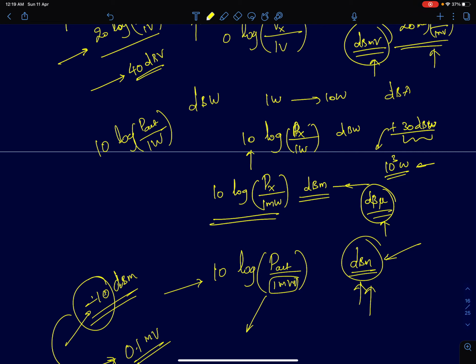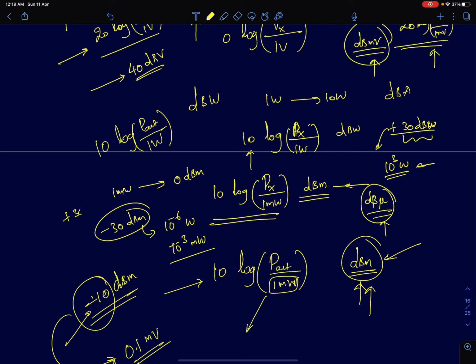Again, the units can be chosen based on the range of powers the engineers are operating on. For example, a 1 milliwatt power in dBm will be 0 dBm. A minus 30 dBm power will correspond to 1,000th of a milliwatt, so it will be 10 power minus 6 watts, or 10 power minus 3 milliwatts.